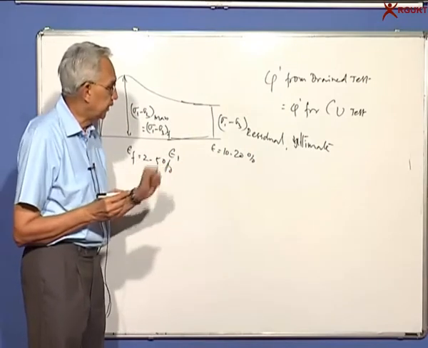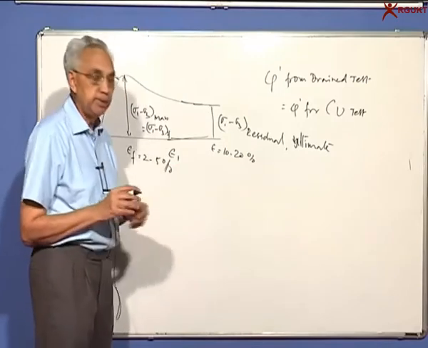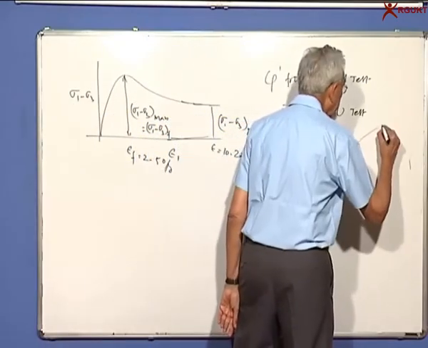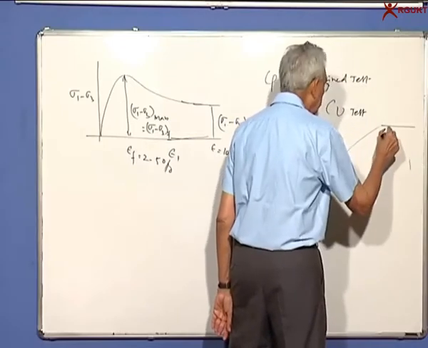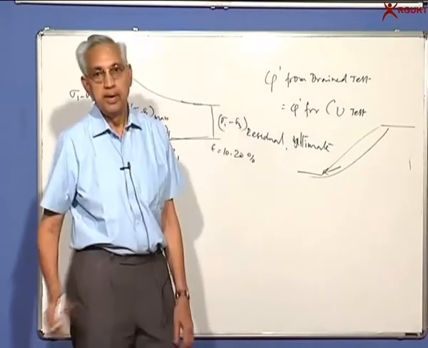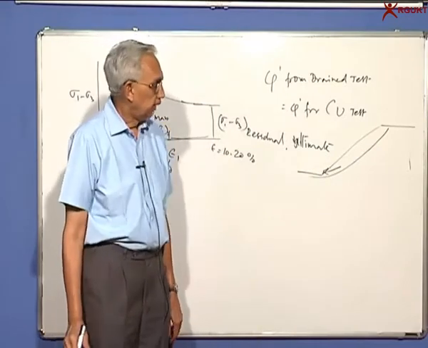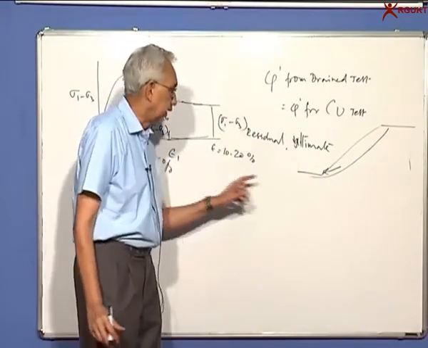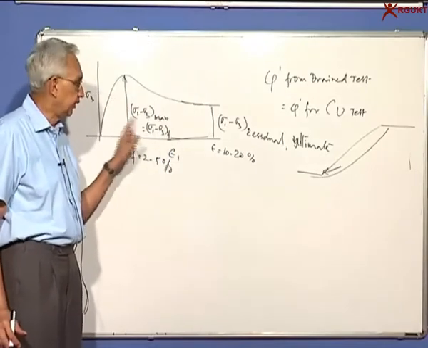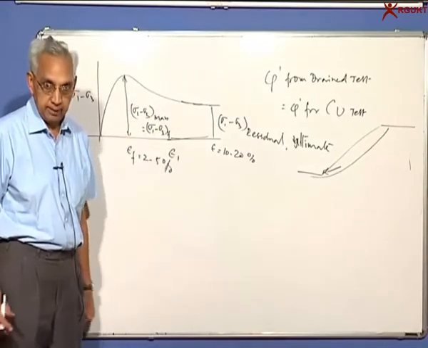This is a very interesting phenomenon. So suppose you are looking at a slope in the Himalayas and you know that it is creeping, moving slowly over a period of 10, 20, 30 years. Then the deformations are so large, the strength is not governed by the maximum stress, but by the residual value.